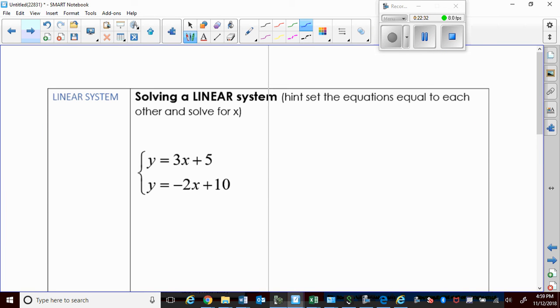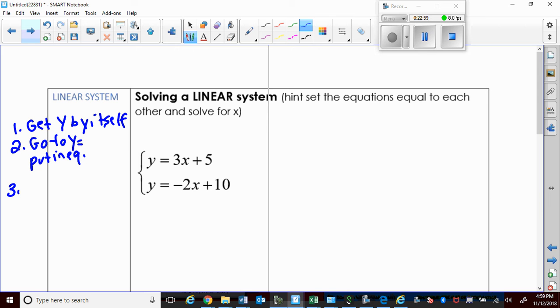So when we're doing these, there are things I want you to do. I want you to make sure, number 1, get y by itself. Number 2, go to y equals, put in the equations.